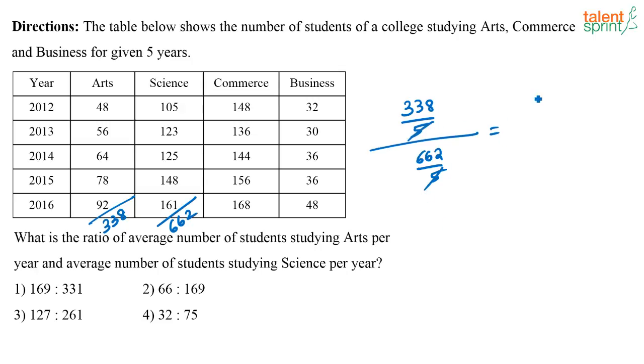This 5 and 5 will get cancelled. So 338 divided by 662, that is equal to how much? 169 divided by 331, that is option 1.